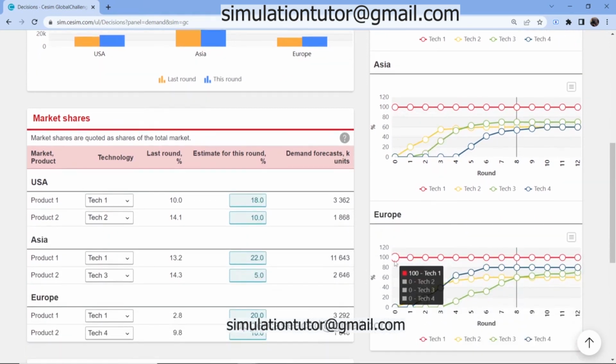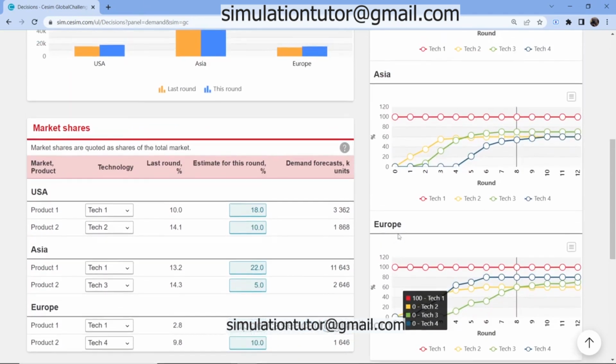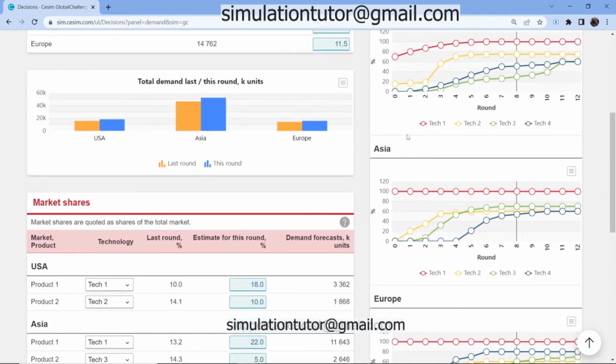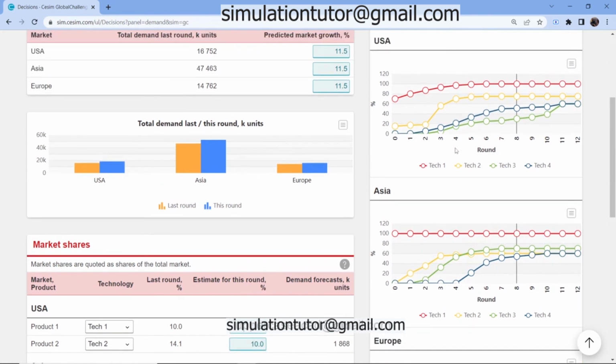In Europe, again, it's Tech 1. If you are to invest in Tech 2, let's say in USA, you'll start investing in it in round 3, because in round 2, only a smaller part of the population can have access to the network. So it's advisable to start selling it in round 3.